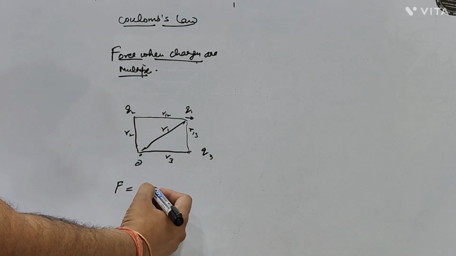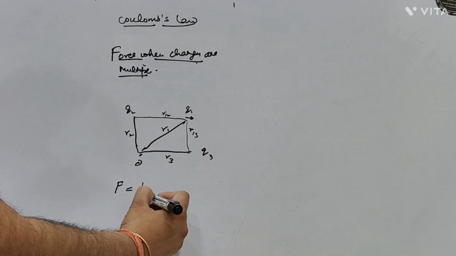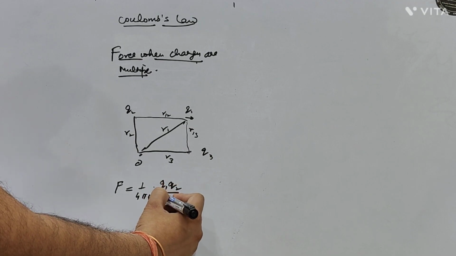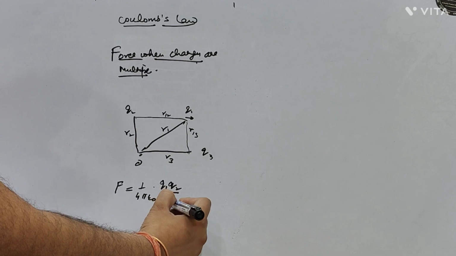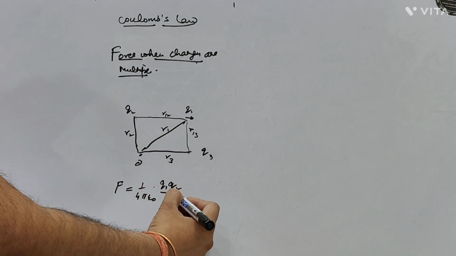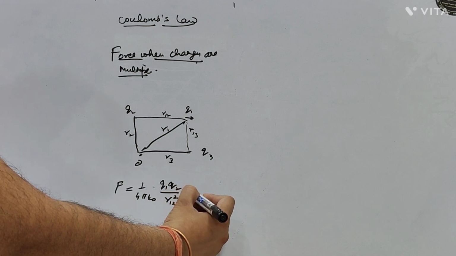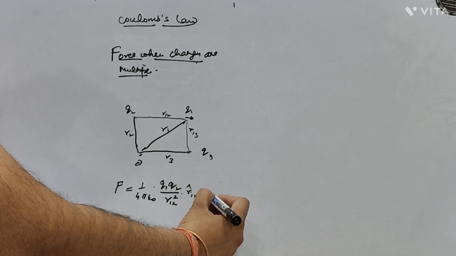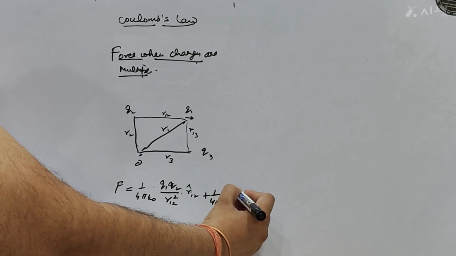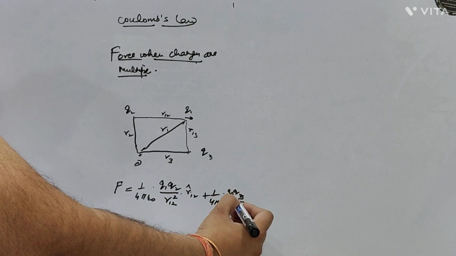The equation becomes 1 by 4 pi epsilon naught q1 q2 by r12 square, r12 unit vector, plus q1 q3 by r13 square, r13 unit vector, the force acting on q1 by q3.